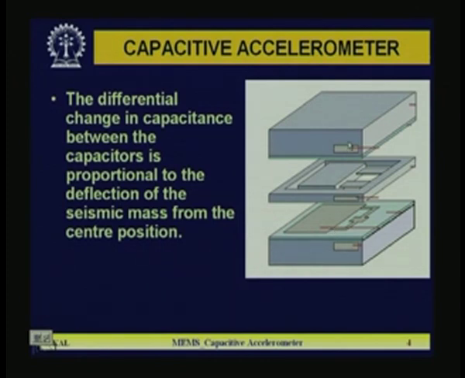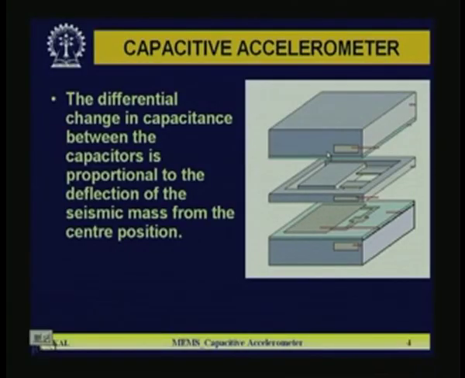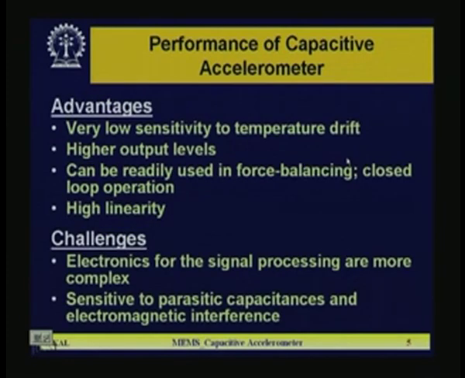So, in one case capacitance will increase, in the other case it will decrease. This differential change we are interested in, so that we can eliminate some of the parasitic effects. The differential change is proportional to the G value of the object on which this accelerometer is fixed. So, that is the basic idea and basic principle.